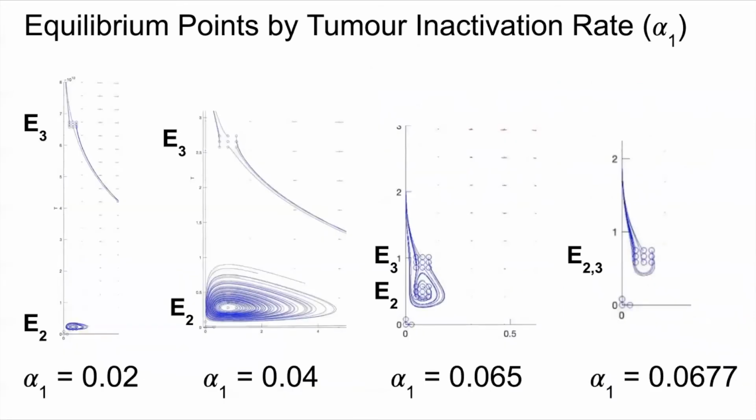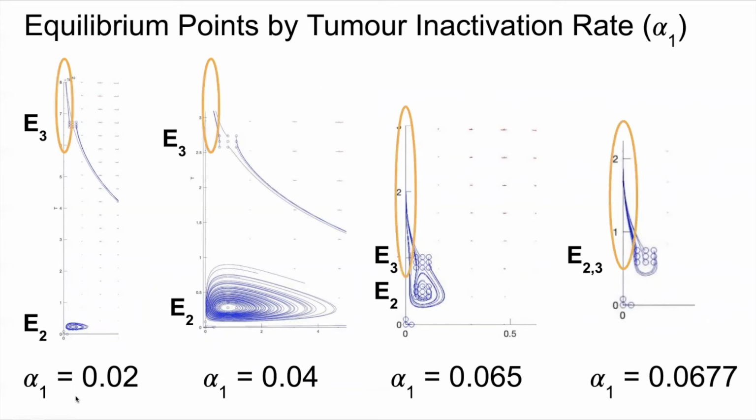By using different values for the tumor inactivation rate, we can observe the changes in each zone. As the tumor inactivation rate increases, zone 1, which represents the tumor cell population dominating, extends a little closer to the origin, whereas it's up here in a case where there's a low tumor inactivation rate, and is extended all the way down here in a higher tumor inactivation rate scenario.